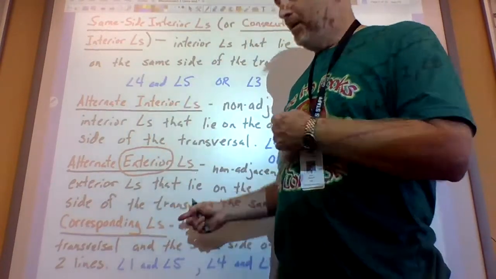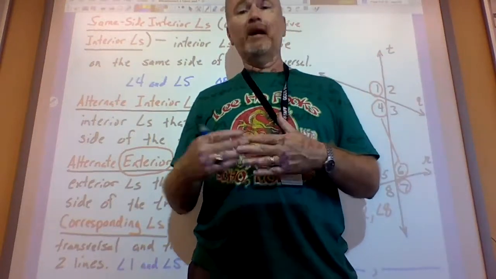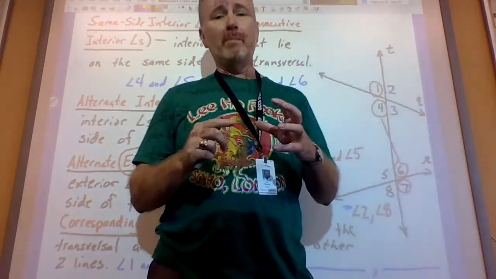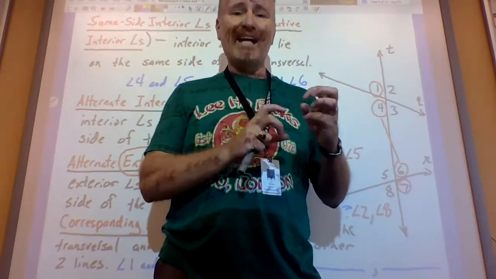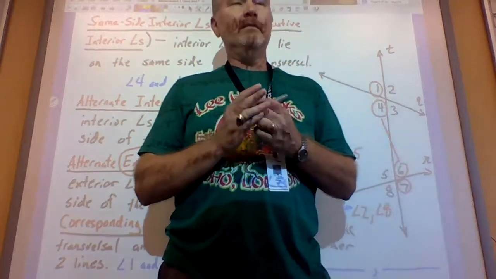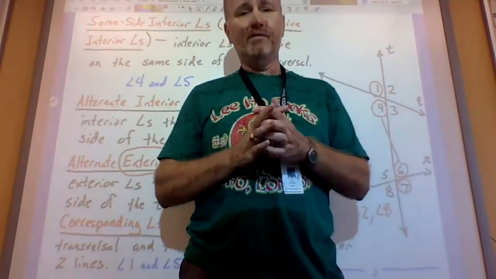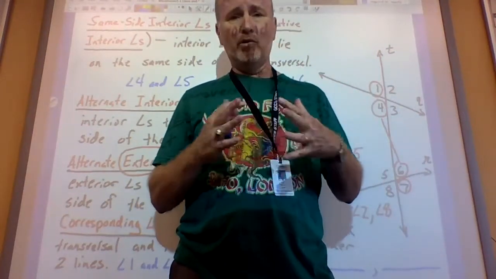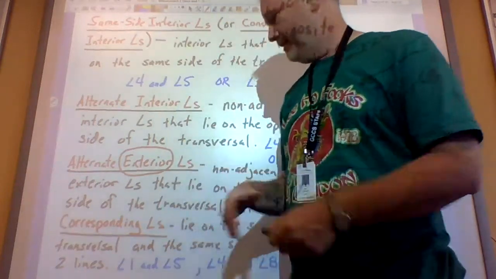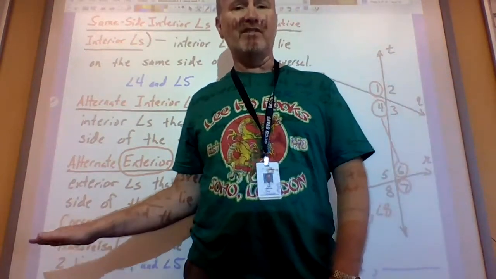So they don't have corresponding interior and corresponding exterior. That just doesn't work with corresponding. Corresponding is a fancy word that means matches up with. All right? I don't want to go into connecting it to a vocab word, correspondence. I could, but just think of it as matches up with.